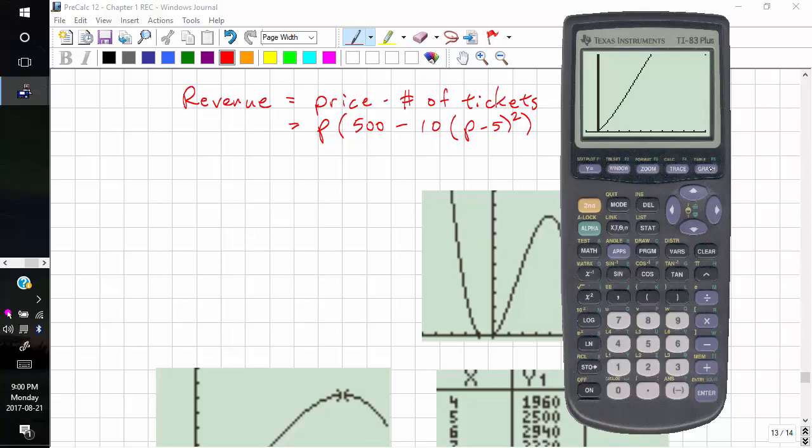Okay, so it didn't quite catch that. So we need to make the window a little bit higher. So we'll say 5,000. You just have to guess and check sometimes. And I'm just going to make this a little bit bigger, 15. And graph.